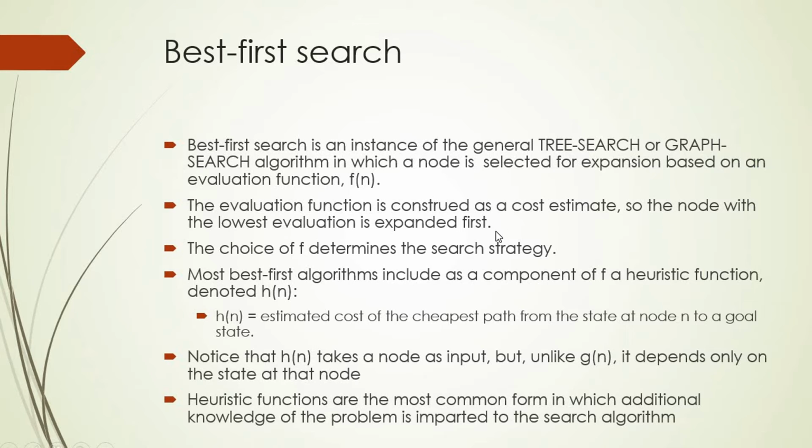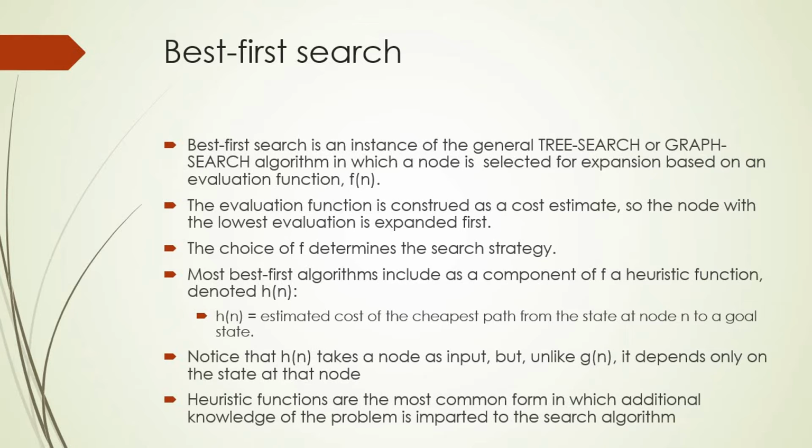When we say cost estimate, for example, in the example which we've been giving of driving from one city to another, if time is an important factor, the cost estimate will be based on time, or if it's about distance, it just depends on what we are using as the cost.